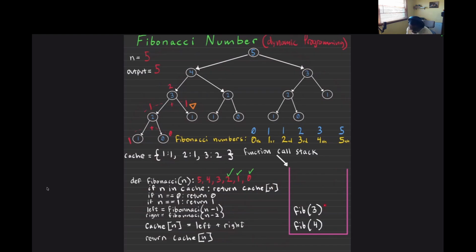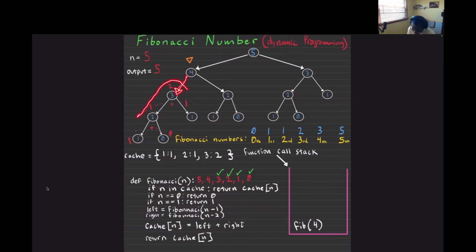What called fib of 3? Well, fib of 4 did, right? I'm just following the call stack. So let me go ahead and pop this off, and I'll update this here. Fib of 3. And now we are at fib of 4, right? Because completed fib of 3. And fib of 4 called fib of 3, which was the left, right?